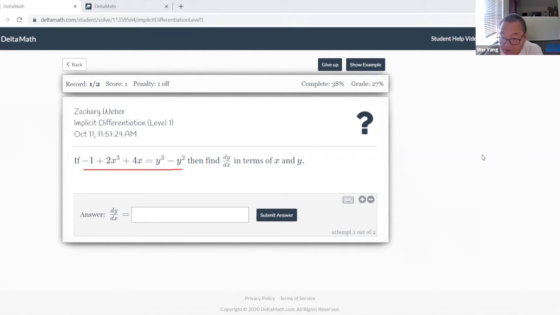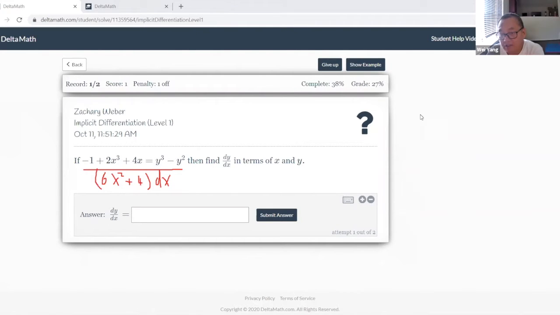On the left side, a constant's derivative is 0, so this first term is 0. The second term equals 6x squared, then plus 4, and you need to multiply by dx. This is the left side.